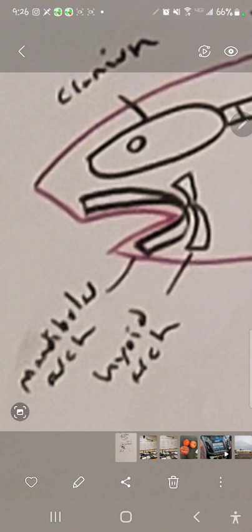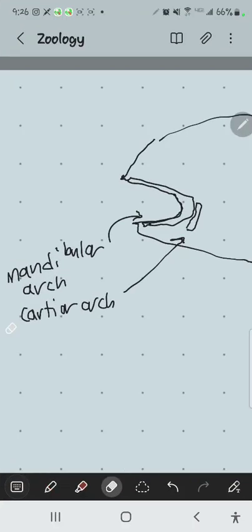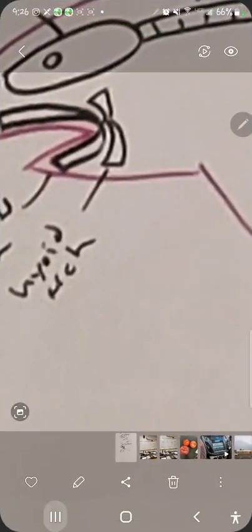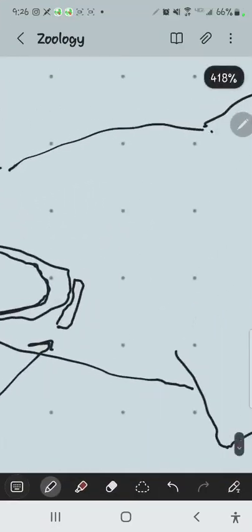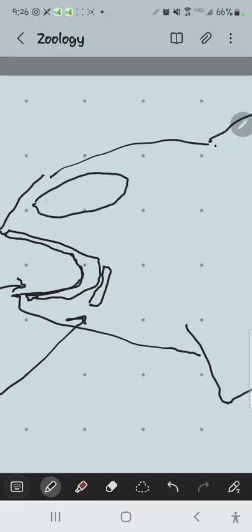So these two together are basically what make up the jaws, the mandible arch and the hyoid arch combined. I have the hyoid arch labeled B on this one, and I have the mandibular arch labeled A on this one, just so I can keep them separate.